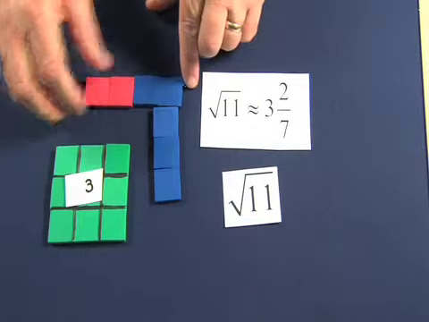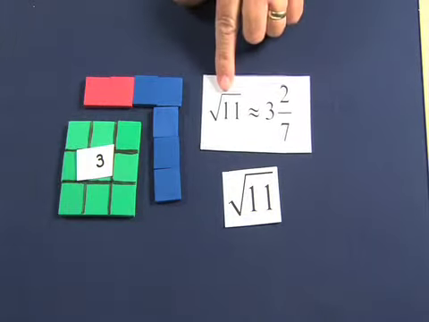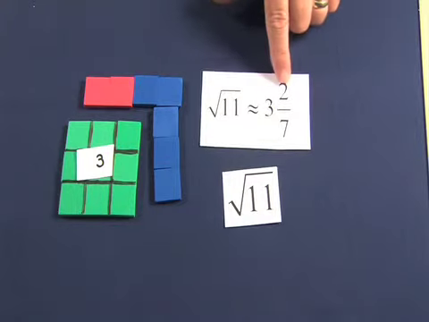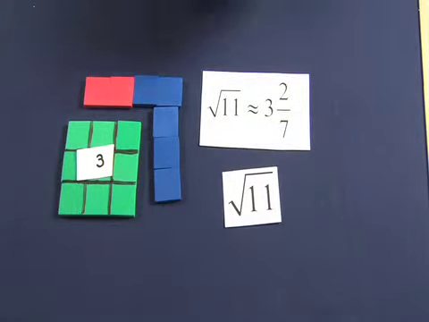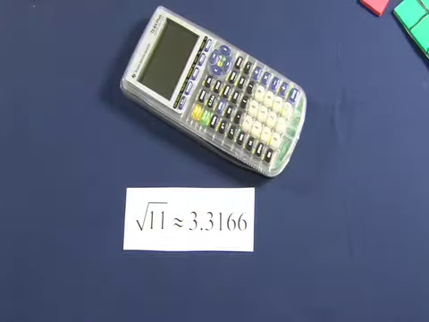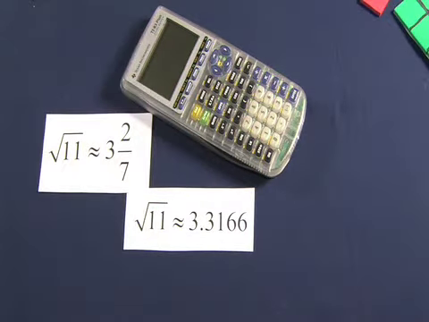So the square root of 11 would approximately be 3 and 2 sevenths. Ta-da! On a calculator, the square root of 11 is approximately 3.3166, which matches our fraction of 3 and 2 sevenths pretty closely.